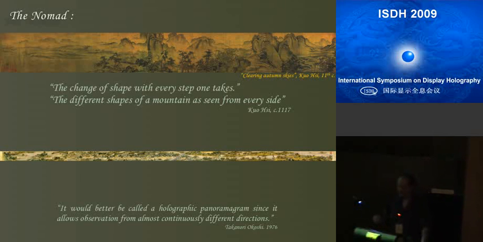Zhang Zeduan, a few years later, did one that was 53 meters long, and it's the Qingming Festival. So you start from the right, and then you roll and unroll your scroll, and you have all that happened, but all the space works. It's all axonometry. It's all parallel perspective. Sometimes you switch a little bit just to connect different spatial zones.